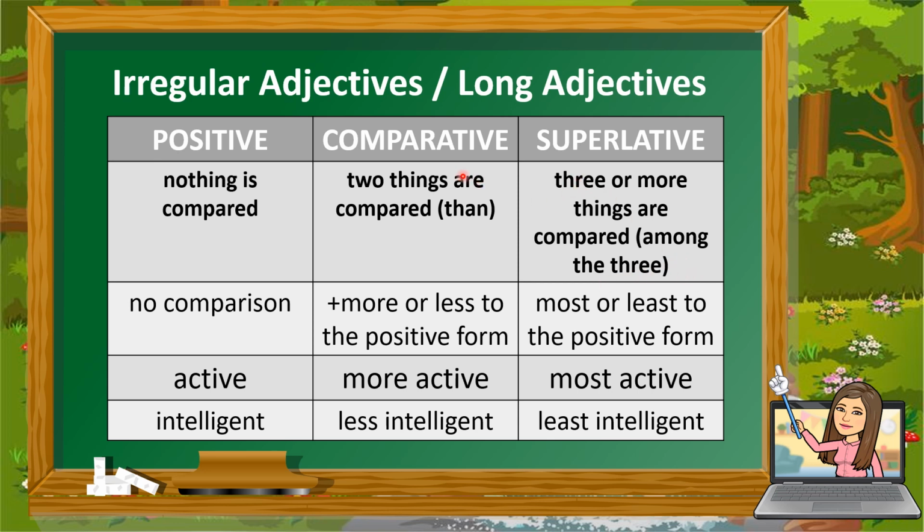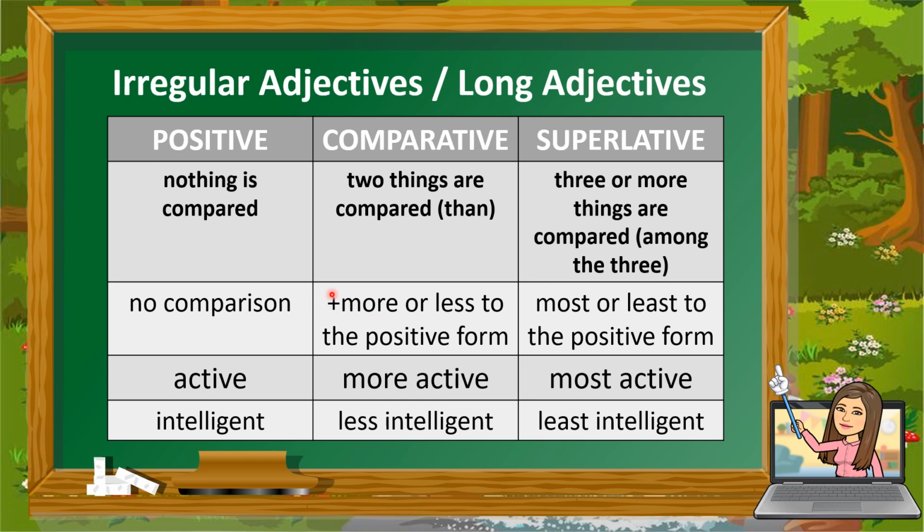Okay. So now, it is the changes that we are talking about a while ago. Okay, in comparative degree, children, we are going to add more at the beginning of the positive adjective. Okay, positive form rather. Add more before the adjective.